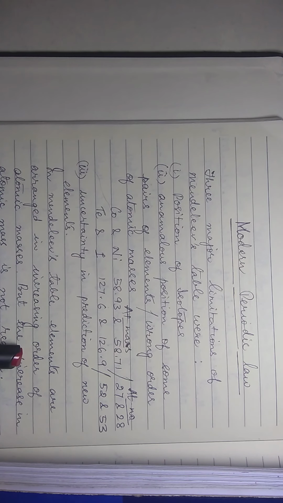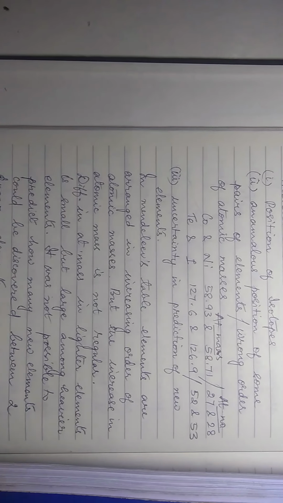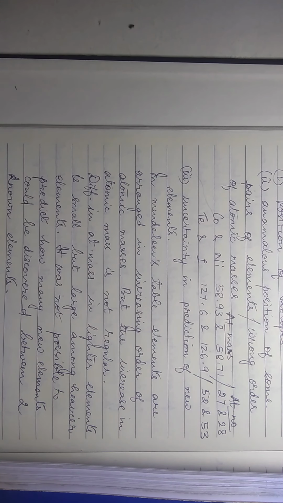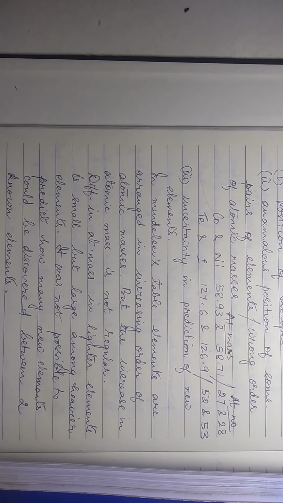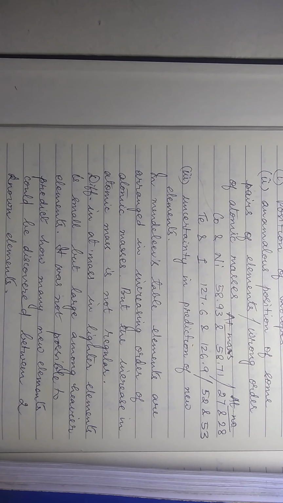When elements were arranged in Mendeleev's table in the increasing order of atomic masses, the increase in atomic mass was not regular. So the difference in atomic mass in lighter elements is small, but the difference is large among heavier elements. So it was not possible to predict how many elements could be discovered between two known elements.